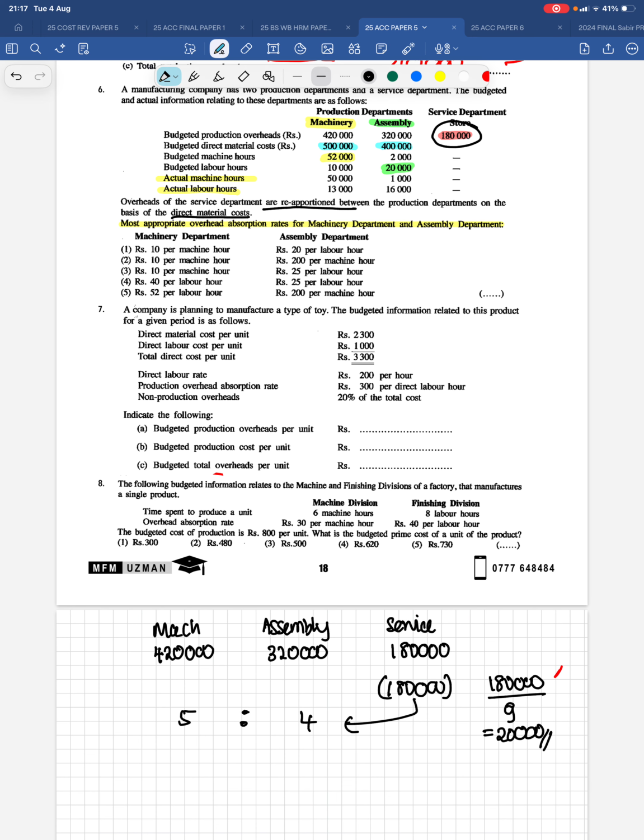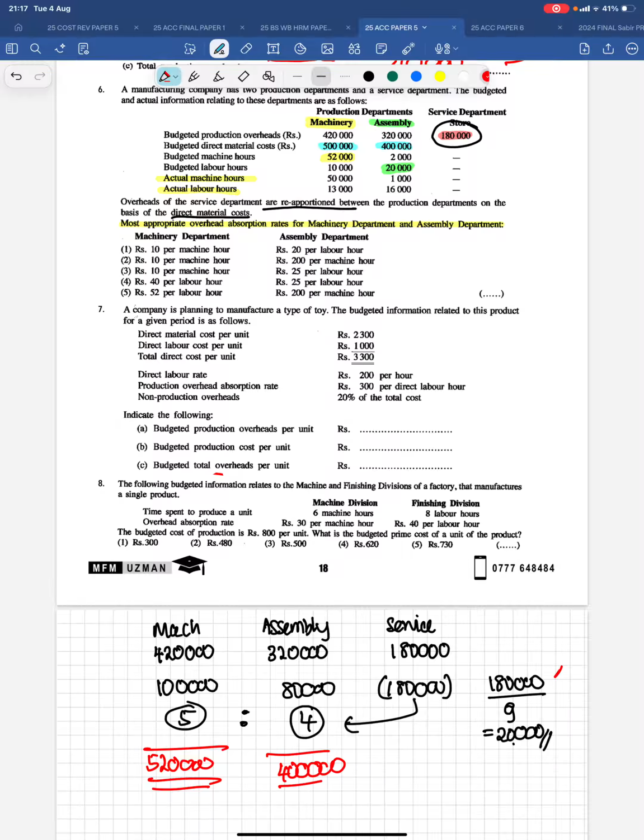So 20,000 multiplied by 5 is 100,000, and 20,000 multiplied by 4 is 80,000. Therefore, the total overhead is 520,000 for machinery and 400,000 for assembly. Now the answer is very simple.